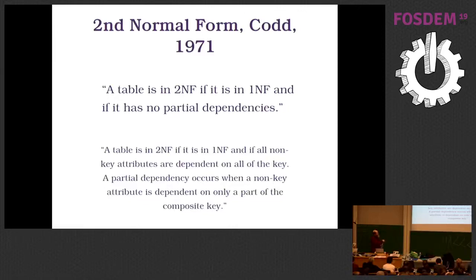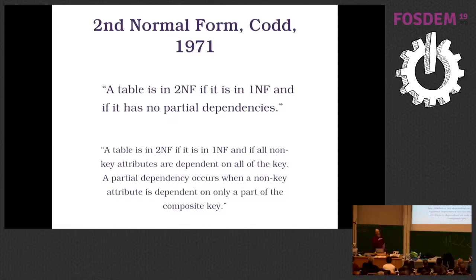Here is another way to say it: a non-key attribute is dependent on only a part of the composite key. It means that if you have many columns, all of the columns should have some kind of relationship in their very definition towards the primary key. If it doesn't, it has nothing to do in this table.